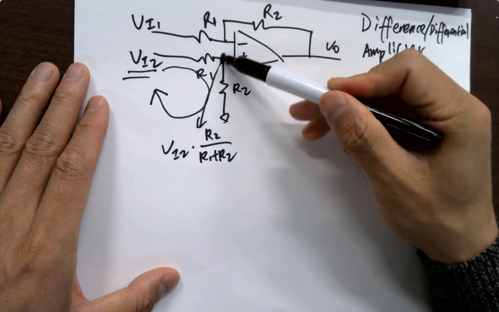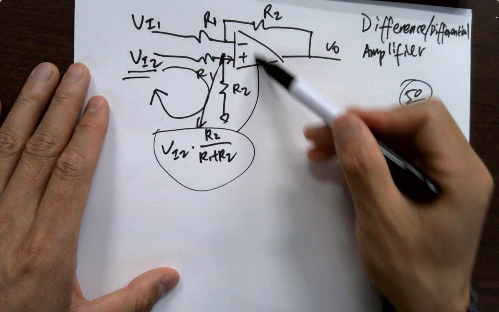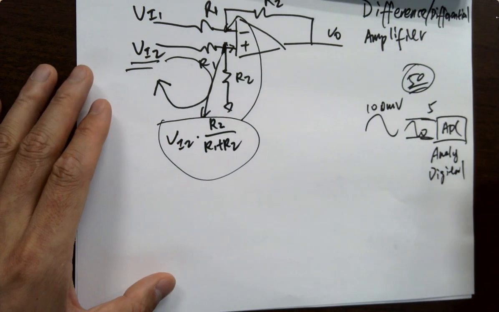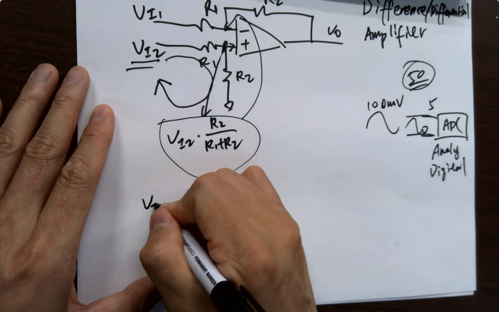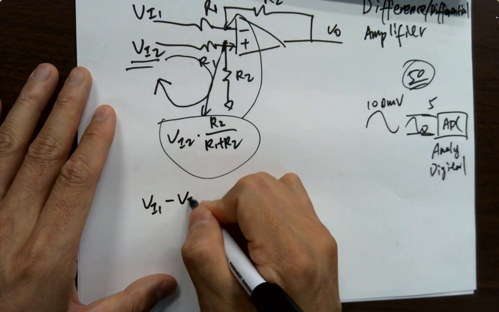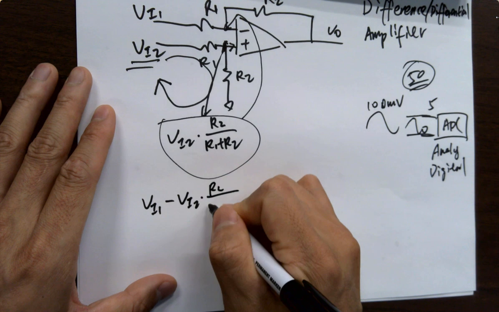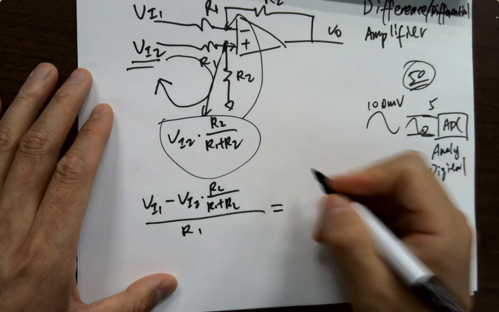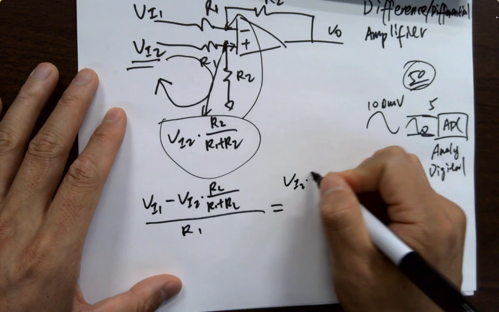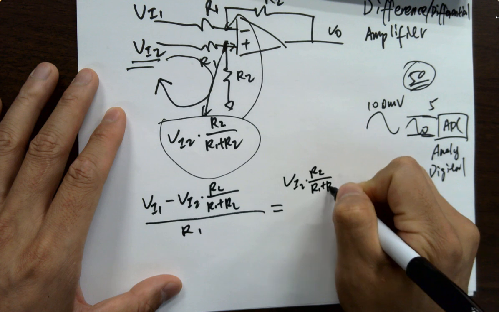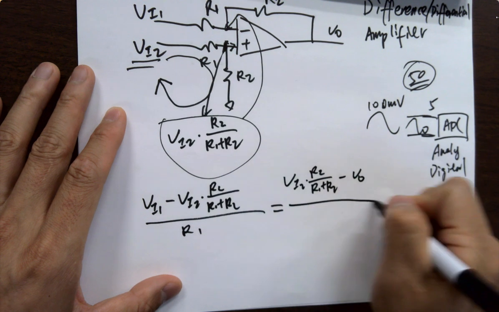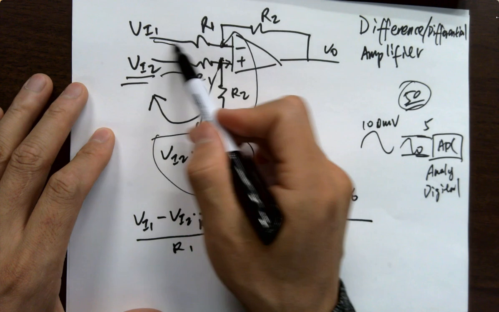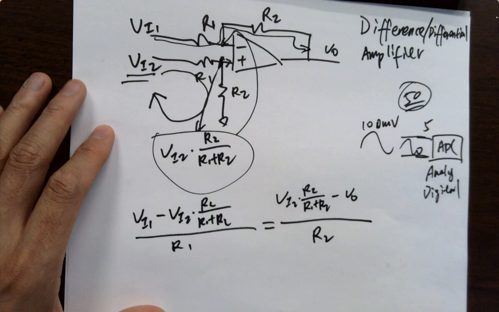Are they equal? Yes. So this guy is also the voltage here. What's the next step? Just find out the current, right? It's the same calculation over and over again. VI1 minus this guy, divided by R1, equals the current flowing that way. Okay?